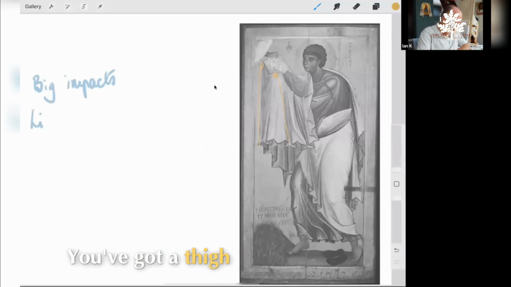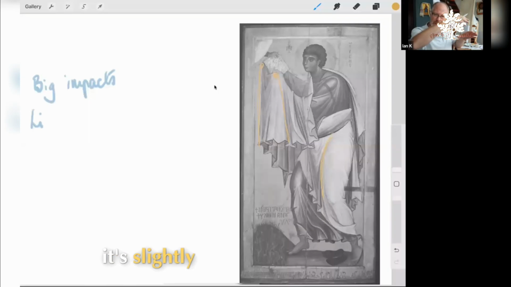You've got a thigh, so the cloth fold has to relate to the shape of the thigh, which is muscular. So it's not flat, it's slightly fuller. You've got a waist, so the fold and the shape of that cloth has to relate to that form underneath it. So that limits, as it were, the freedom of movement, the freedom of artistic expression, the freedom of line.